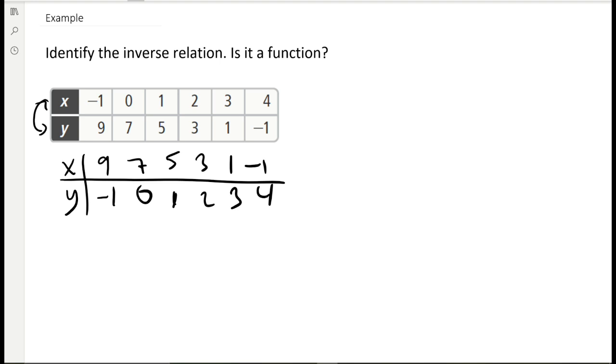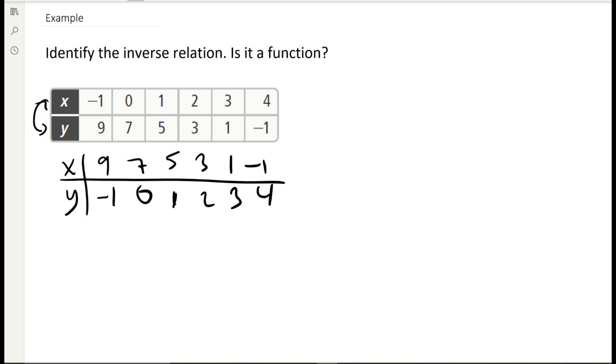Then you're going to want to look to see if we have any x values where the x is the same and then we have two different y values. It looks like all the x values here are unique, so we seem to be good here.